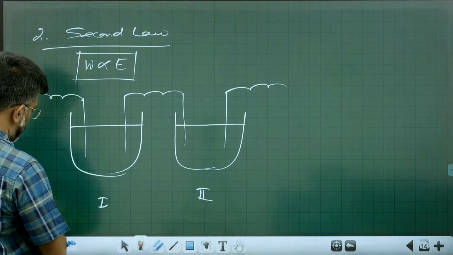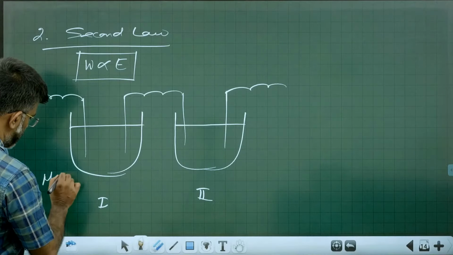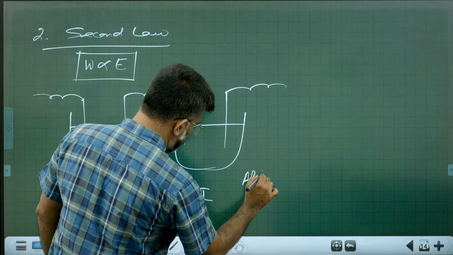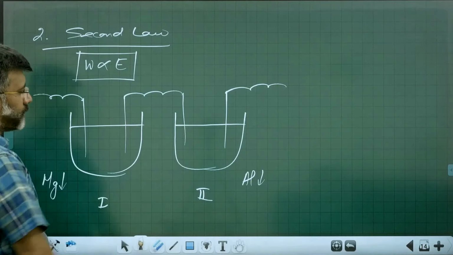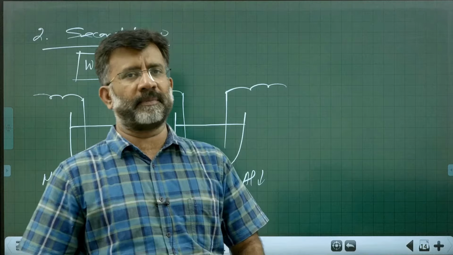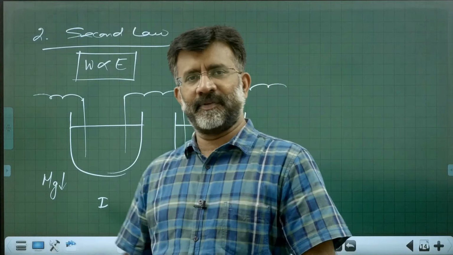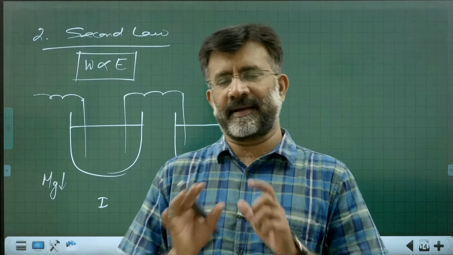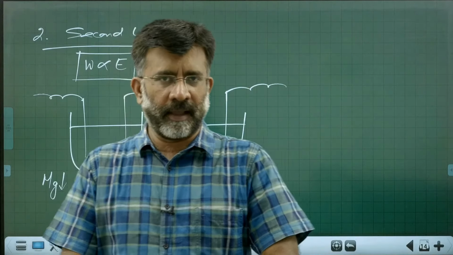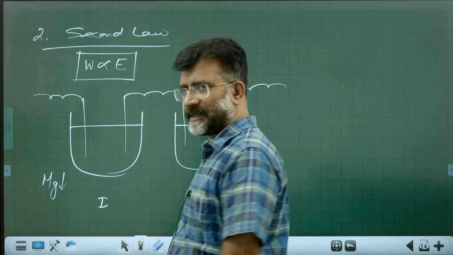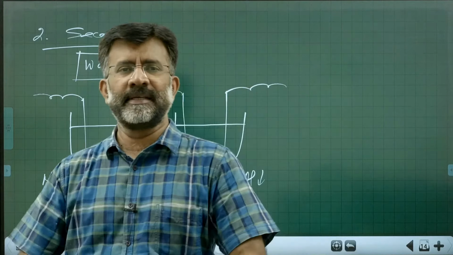Imagine in cell 1 we are producing magnesium. Imagine in cell 2 we are producing aluminum. So this is a cell in which electrolytic preparation of magnesium is involved, and in the second cell we are producing aluminum, and they are connected in series.